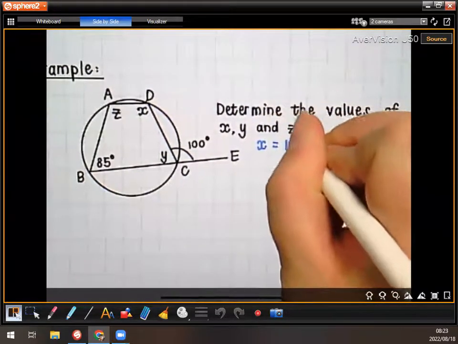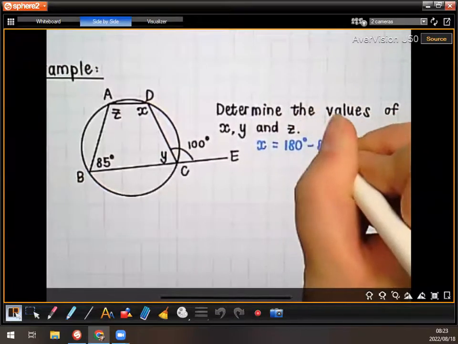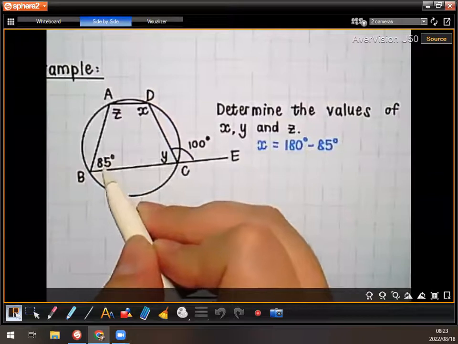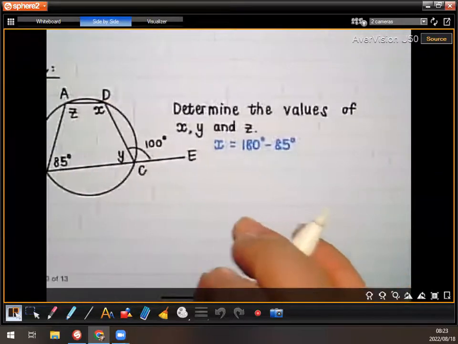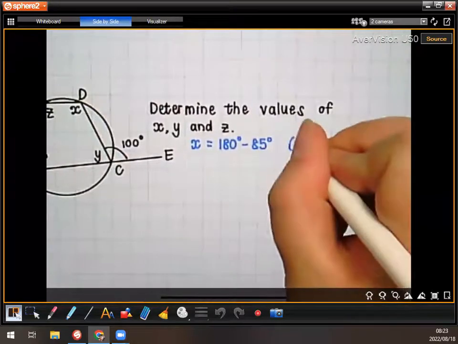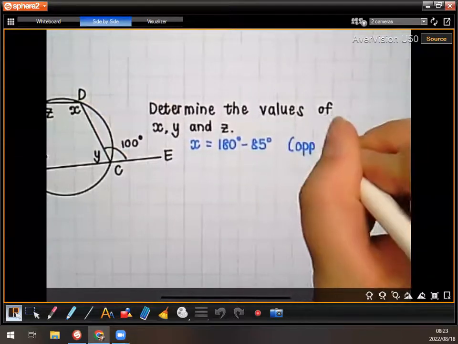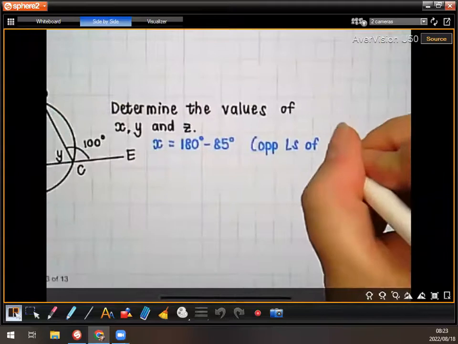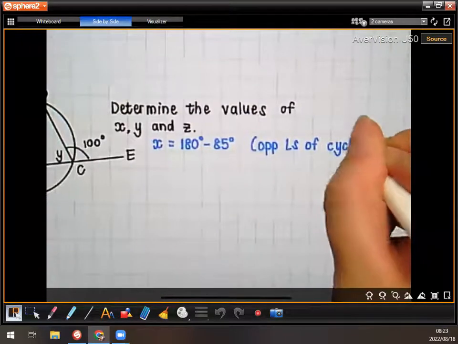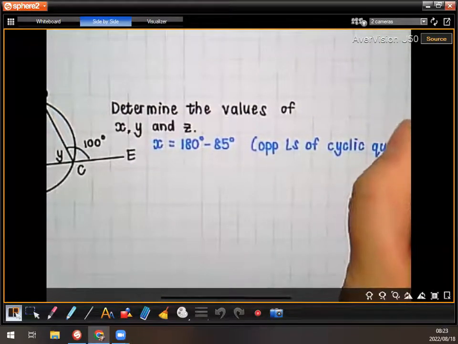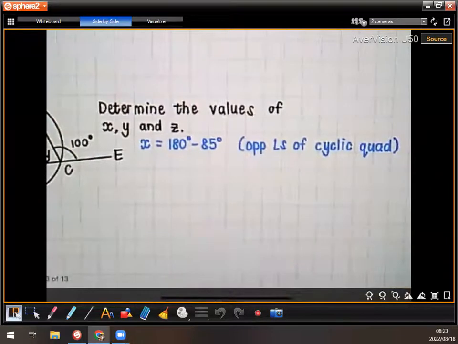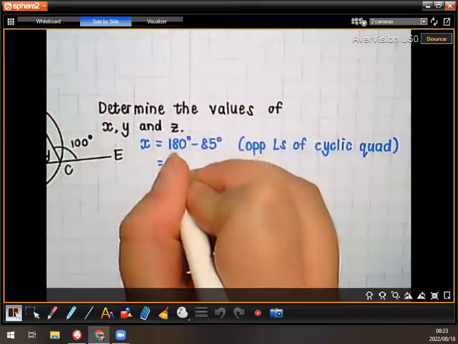This step you don't have to write down, but since it's the first example, let's just all write it down. The reason is angles of cyclic quads. And that answer is then 90.